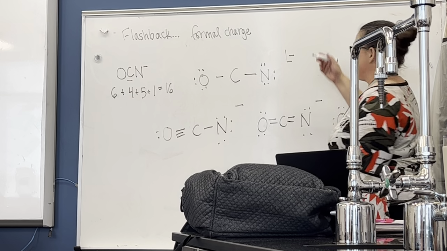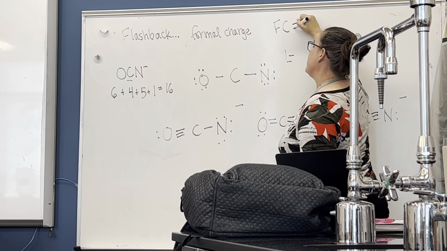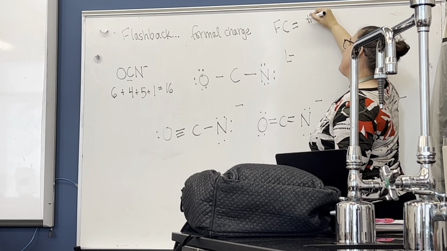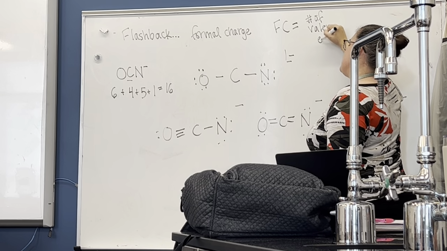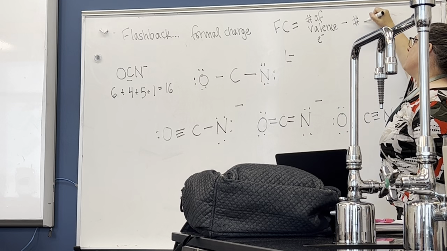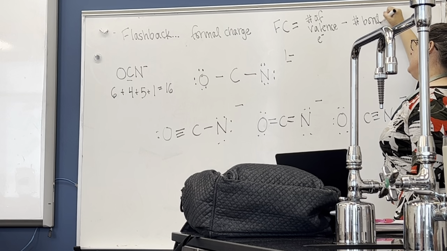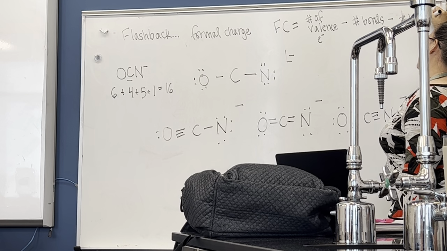Formal charge has a definition. The formal charge can be calculated by counting the number of valence electrons, that is the number of electrons it should have based on the periodic table, and subtracting the number of bonds and the number of lone pair electrons.